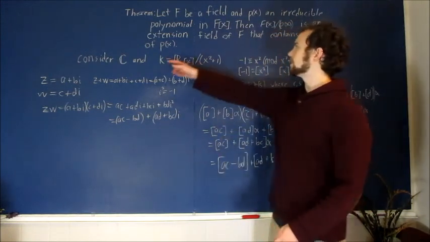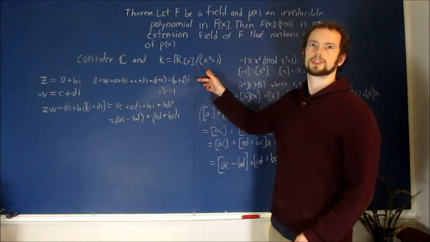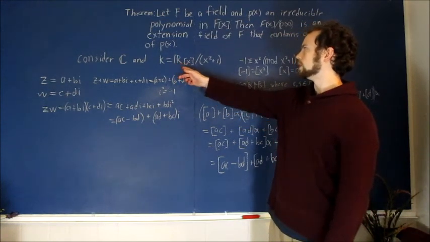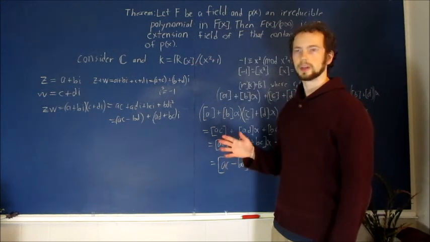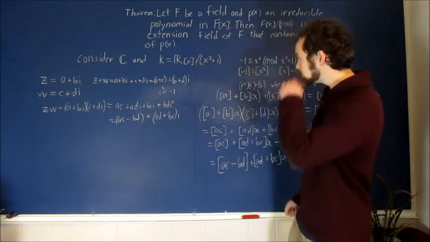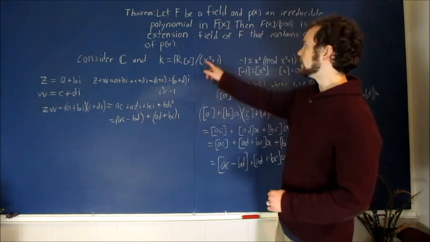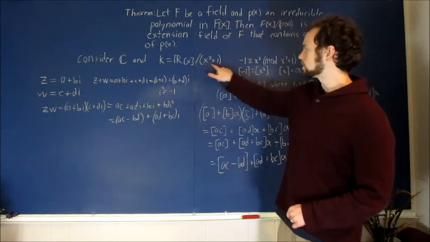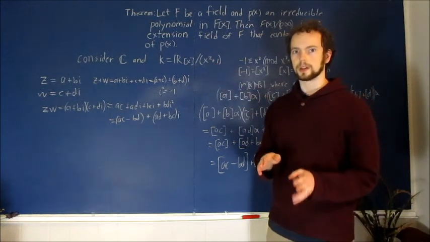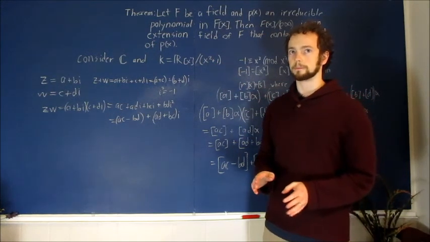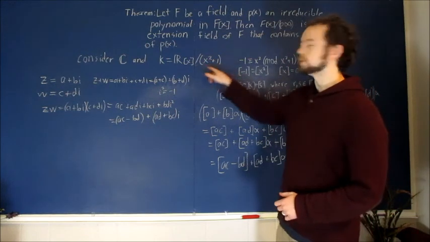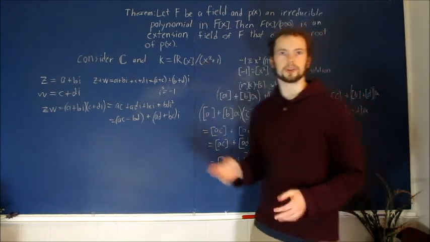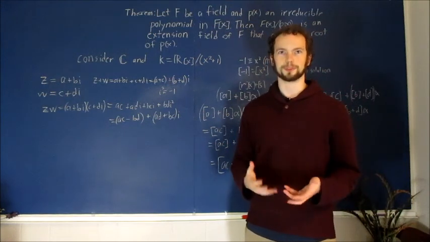Now, consider this extension field, which I've named K here. This is the extension field of R, the real numbers. In R[x], x squared plus 1 is irreducible, meaning there are no roots. No real number will make this polynomial equal to 0 if you plug it in for x.